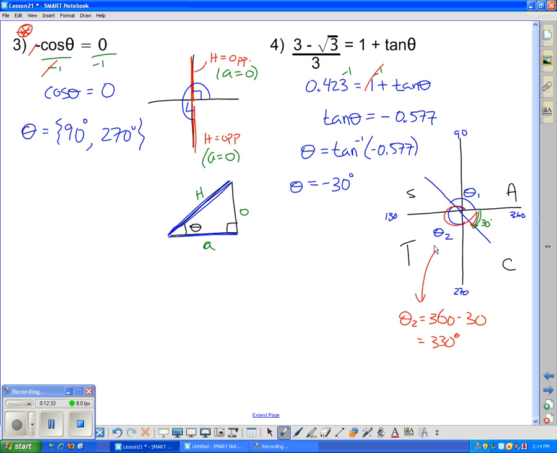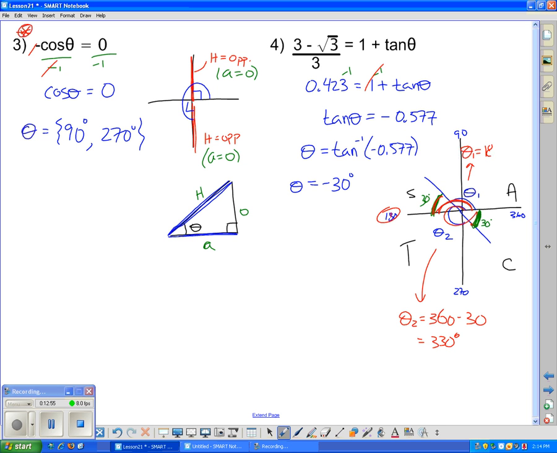Now from symmetry, if the arm is 30 degrees away from one x-axis, it's going to be 30 degrees from the other x-axis. So how do I figure out theta 1? If I go all the way to the x-axis, I've gone 180 degrees, but I have to back up 30.